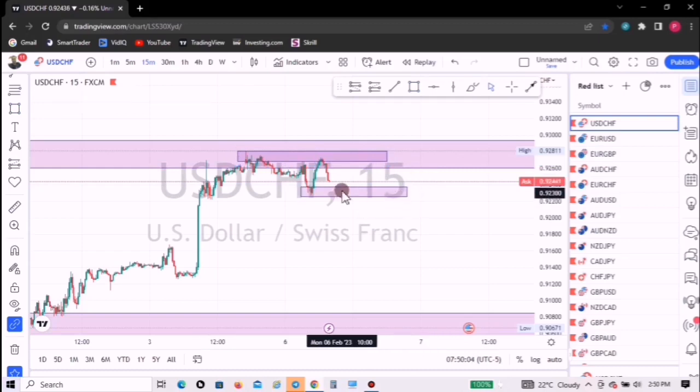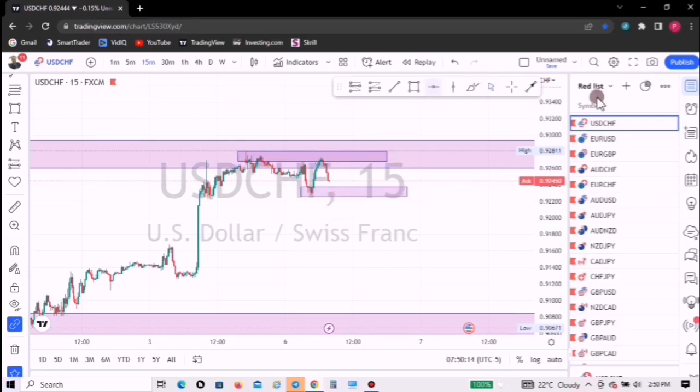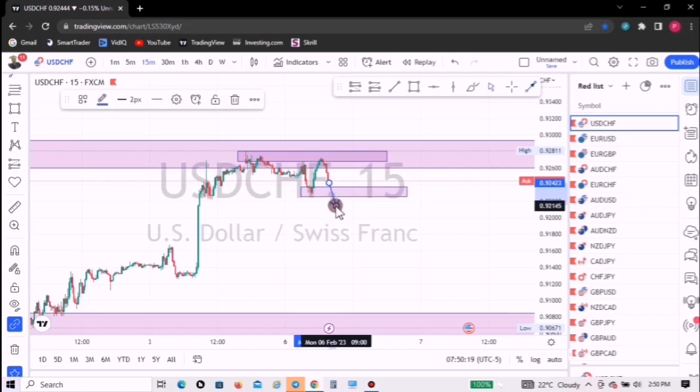Now your expectation is that if price closes above this smaller key level that I have highlighted, you buy. If it closes below this, you sell. This is where you are going to catch this move to this key level. If price closes below this, you then sell.